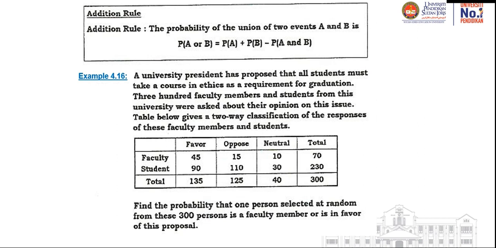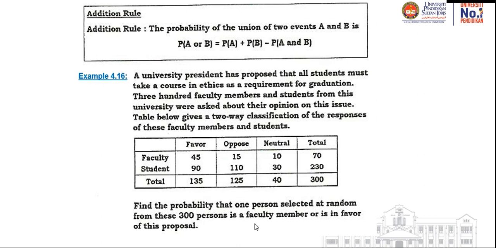So the question is, find the probability that one person selected at random from these 300 persons is a faculty member or, take note of this keyword, is in favor of this proposal. So you need to find the probability of faculty or favor.